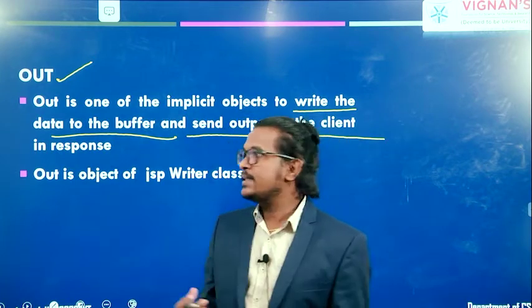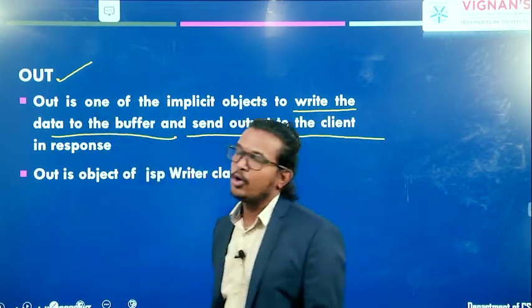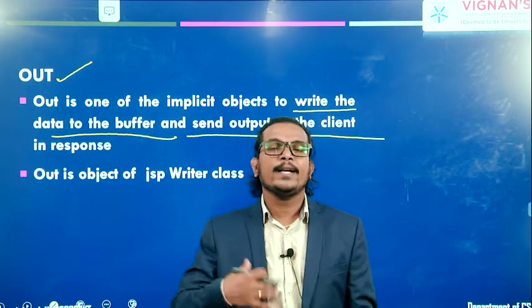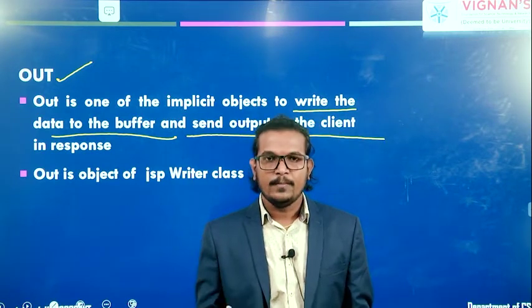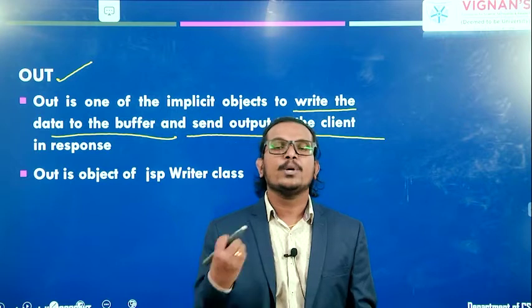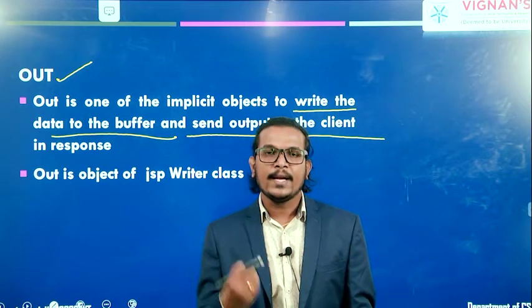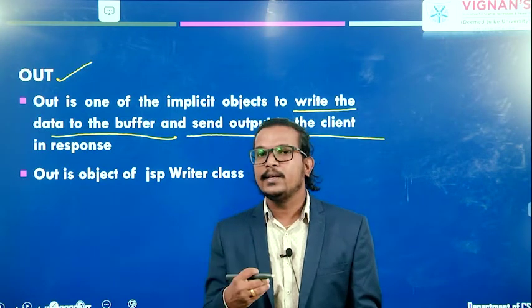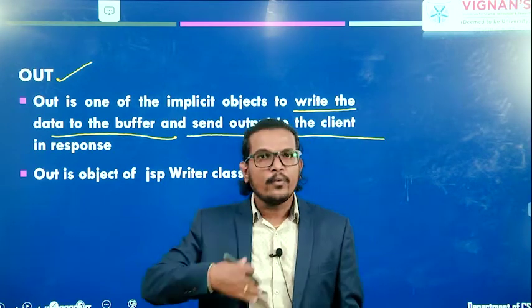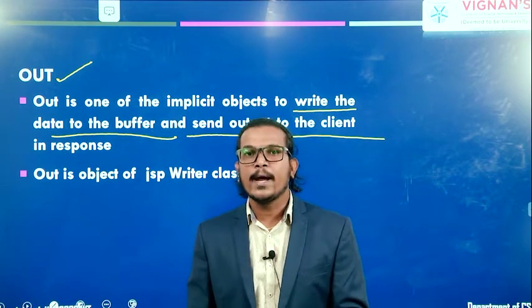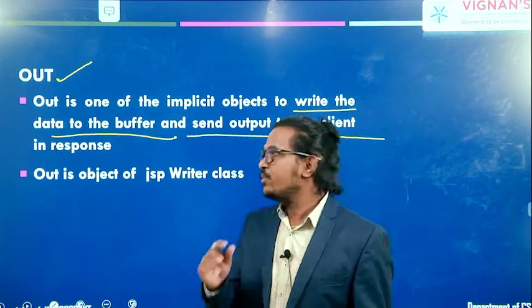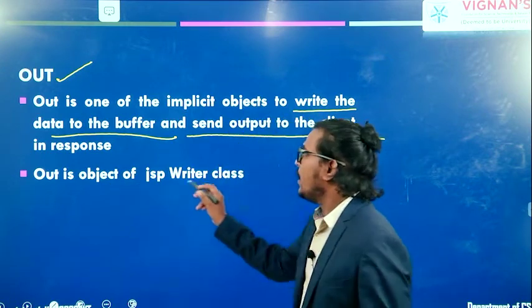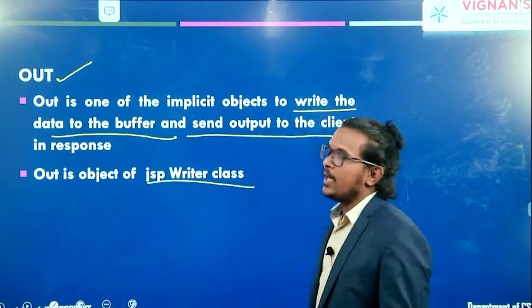That buffer object is available in this out object. Clear? With the help of that write buffer only, you can write the data. Once your writing is done, we forward that response back to the requested client. That's why we are using this object, which is a writer class.